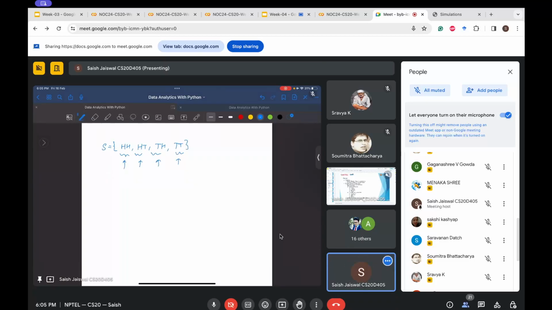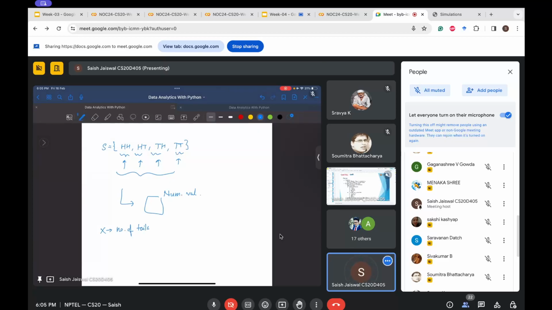Depending on how you define the random variable, it takes these inputs and maps them to some numerical value. For example, let's say a random variable x is the number of tails.